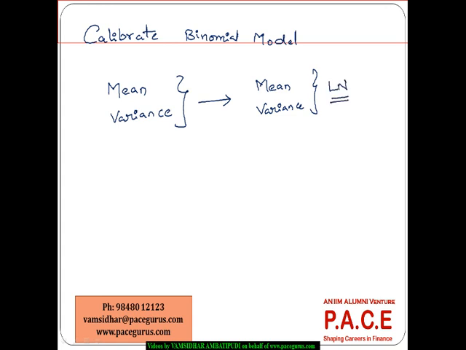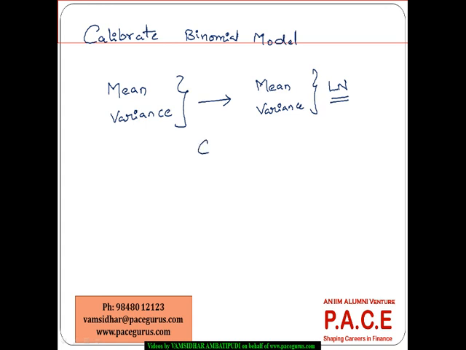Here we say that for this binomial model, the mean as well as variance, whatever is going as a part of the binomial model, we'll try to see that they correspond to the mean and the variance of a log normal distribution model. The reason being, the prices typically are assumed to follow a log normal kind of distribution.